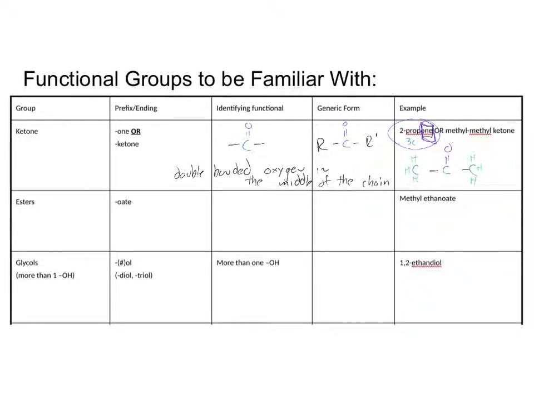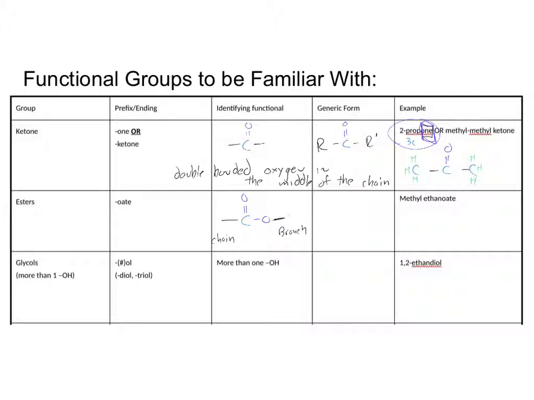The identifying structural formula is a carbon, and to that carbon there is a double bonded oxygen and a single bonded oxygen, and then you have more stuff off to the side of that. So what we really have here is a chain side and a branch side.